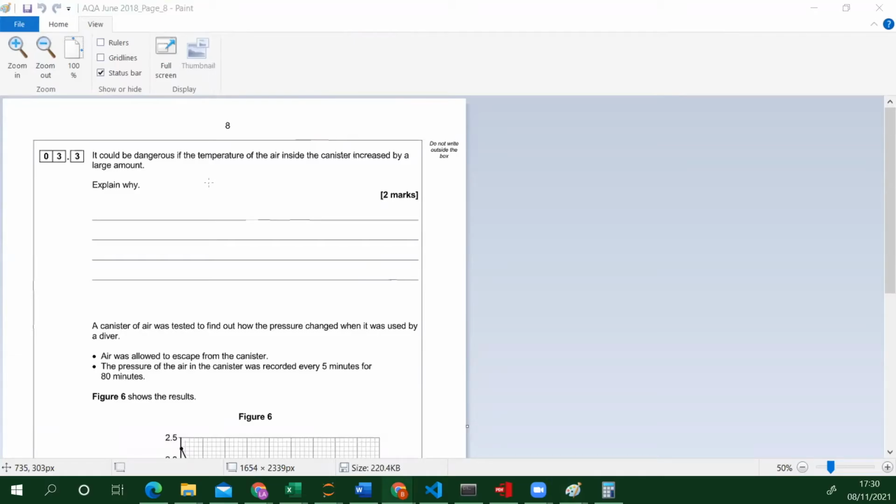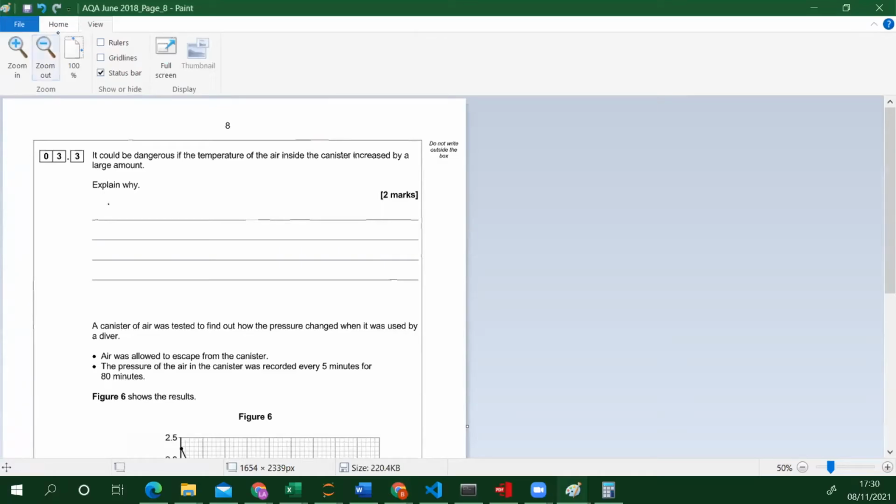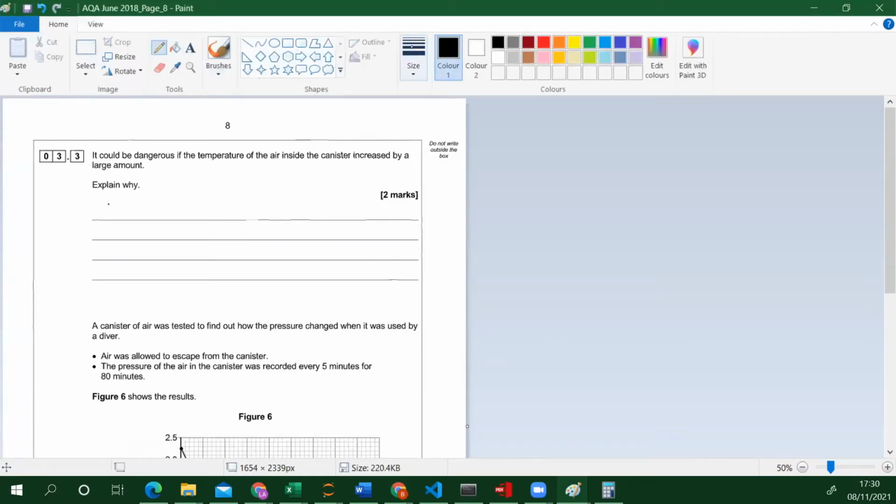I'm sure everyone actually knows why this is, but just to explain it: as the temperature increases, the pressure increases.